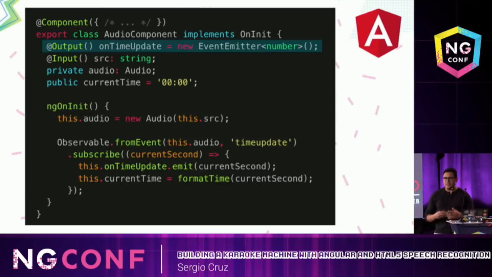My goal with this component was anytime there's a change, anytime there's progress, that's what that timeupdate event is, as you're playing the song, right, that callback is getting called with a new second. I want to send that to my parent so that it knows what to do with it. So this is when onTimeUpdate emit, that's what it does. But since this is a component, there's also a UI portion to it.